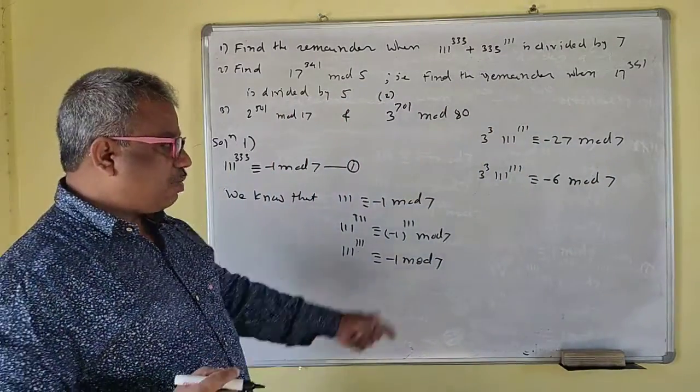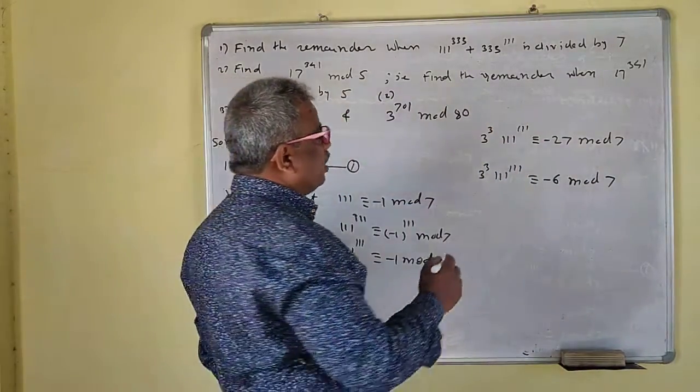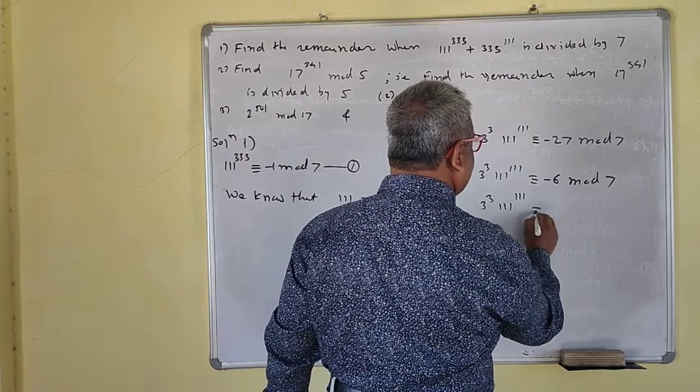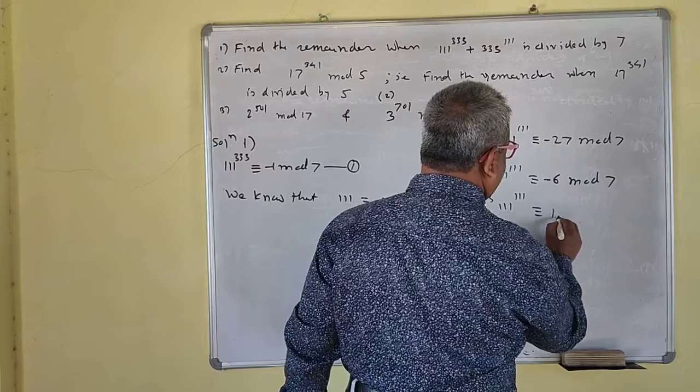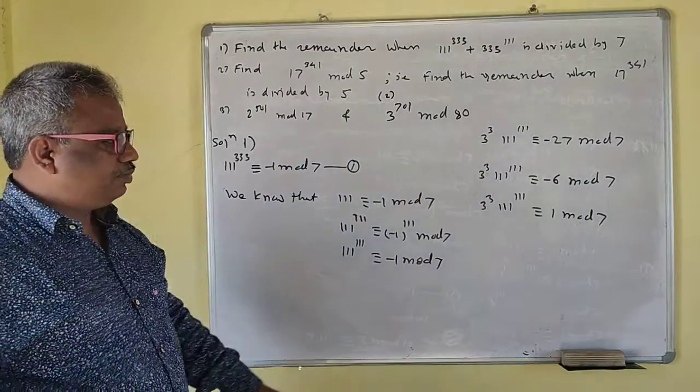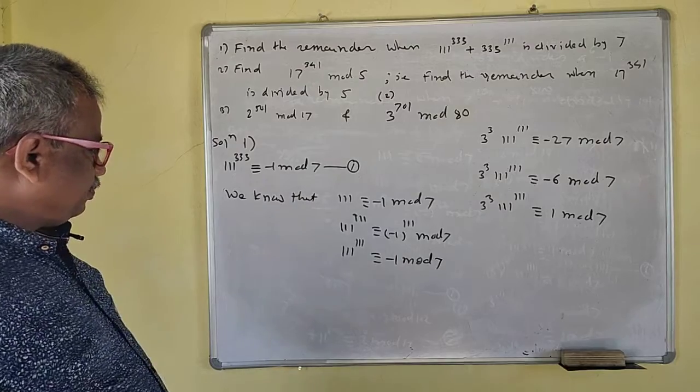But -6 plus 7 is 1. So this is 333 to the power 111 is congruent to 1 modulo 7.